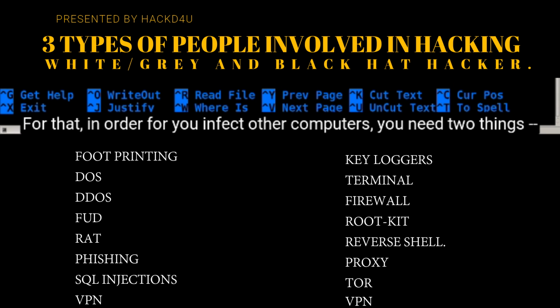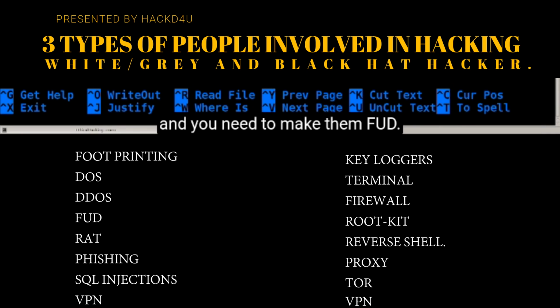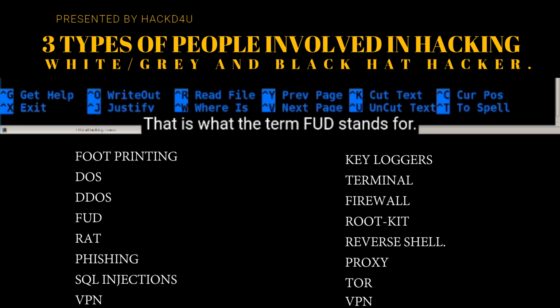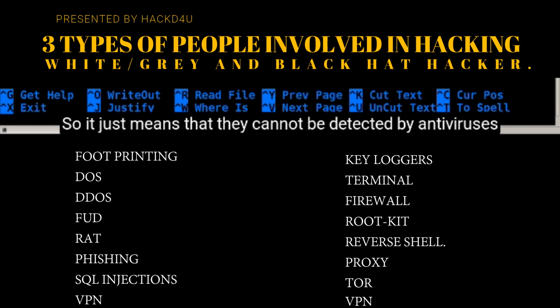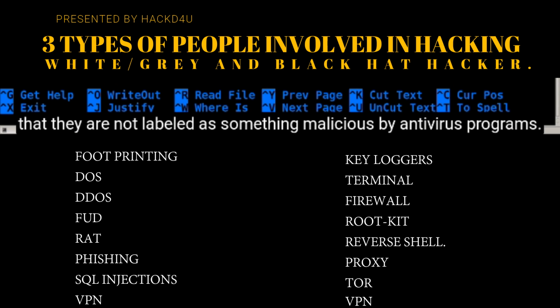In order for you to infect other computers, you need two things. You need RATs, remote administration tools, and you need to make them fully undetectable. That is what the term FUD stands for. So it just means that they cannot be detected by antiviruses, or a more precise term would be that they are not labeled as something malicious by antivirus programs.